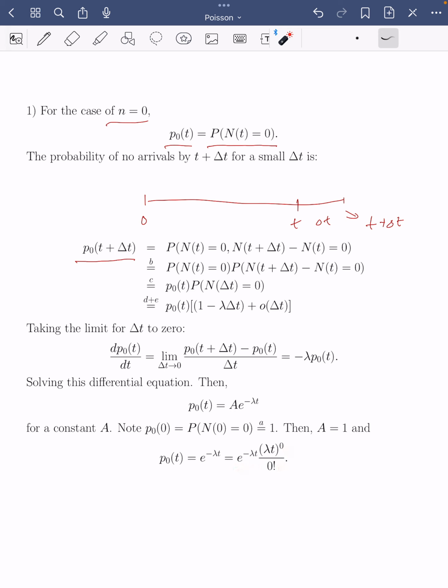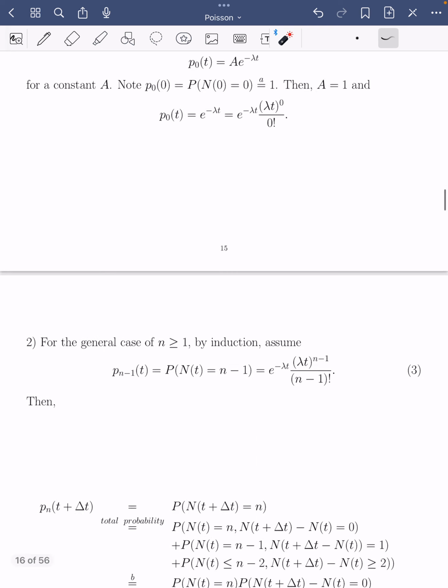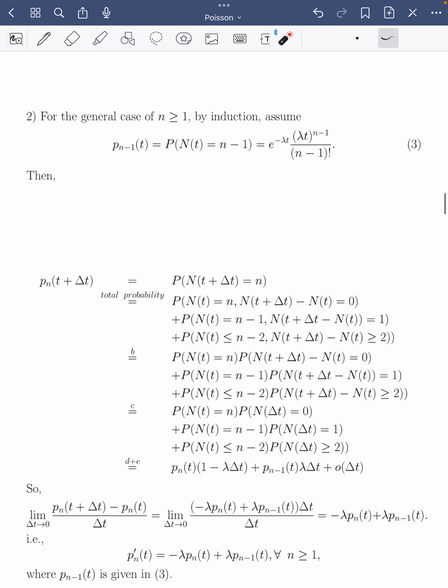So now we have just finished the first step in the mathematical induction. Now we consider the general case that n is bigger than or equal to 1. By induction, we are assuming that P_{n-1}(t) is equal to e to the negative lambda t, times (lambda t) to the power of n-1, over (n-1) factorial.